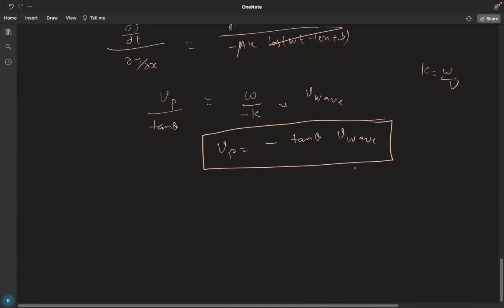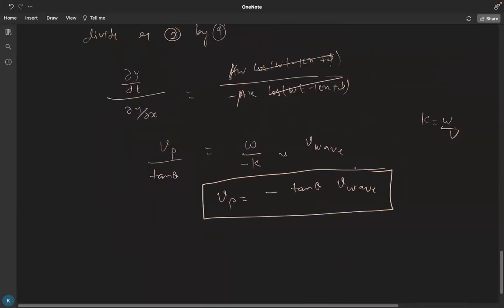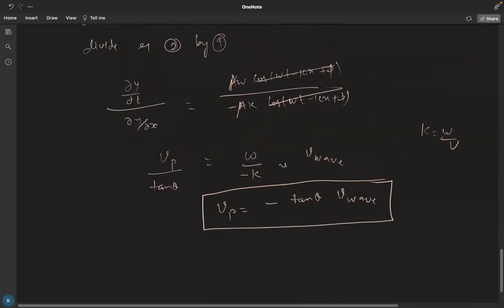When I do so, del y by del t divided by del y by del x, these get cancelled and we reach a conclusion. This is very important because we get a relation between the velocity of particle, which in a transverse wave is in the y direction, and the velocity of wave, which is in the x direction.